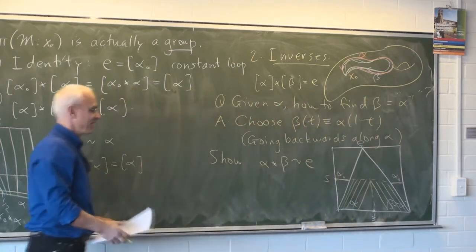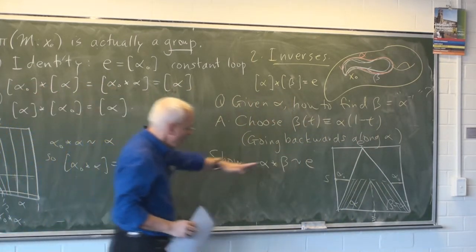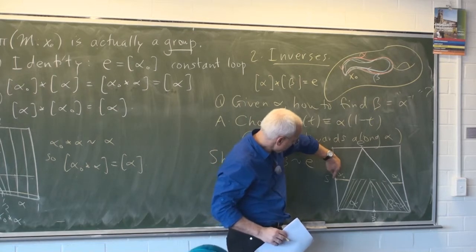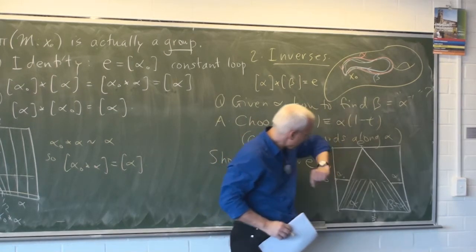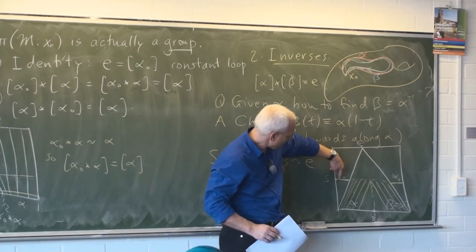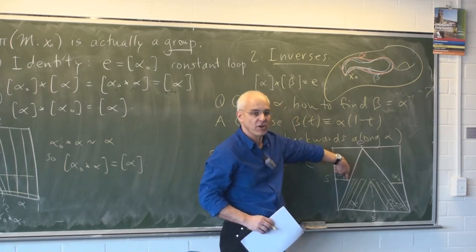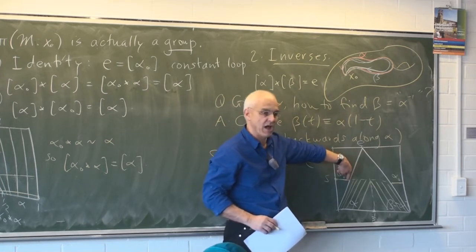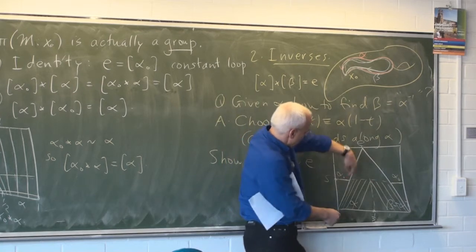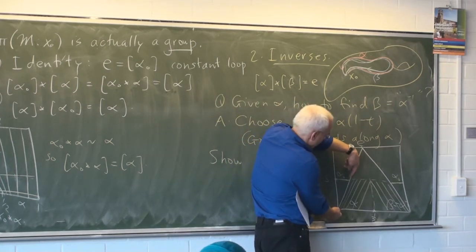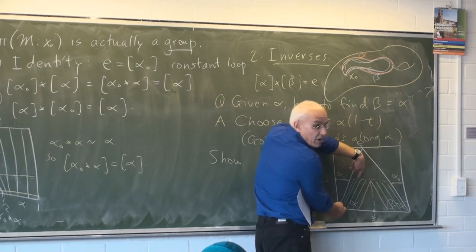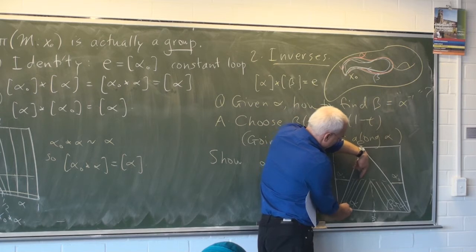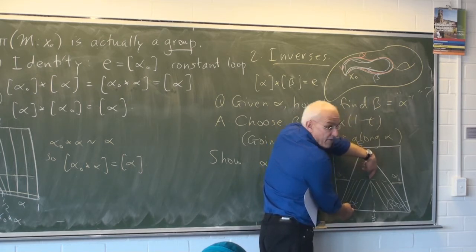Okay, what does this mean? What's the recipe represented by this line? It means the path is, you sit doing nothing until this particular time. And then at this particular time, you start moving along alpha. So when this guy was here, you're now here. And as the curve alpha is going, you're moving along alpha. And you keep doing that until you get to this halfway point.